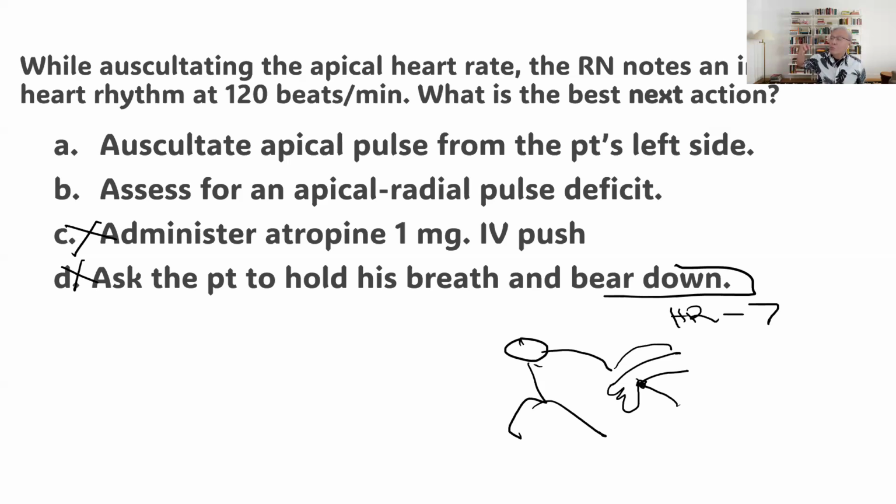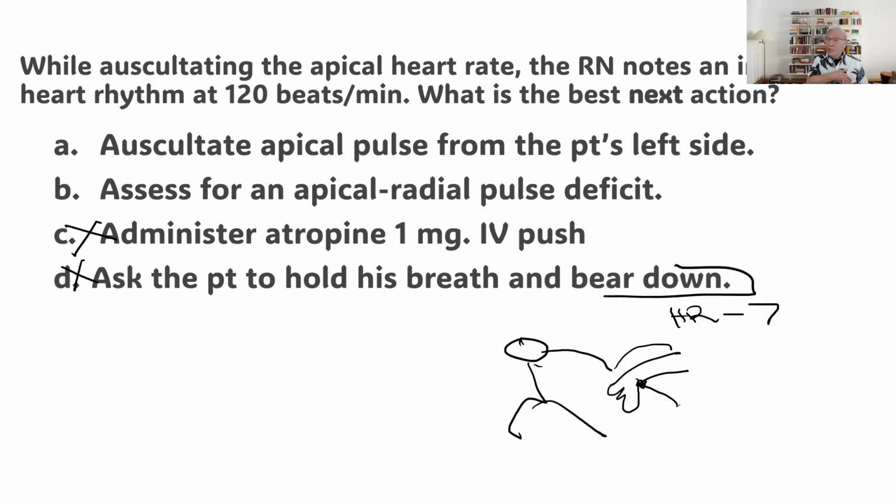The reason why you should be on the right side is so that you could see any pulsations that might be occurring on the left side. Okay? So when you palpate also, you would need to follow the direction of the heart.